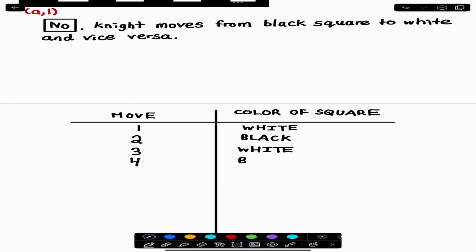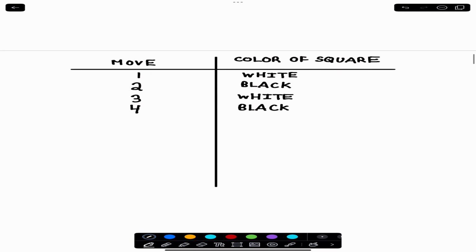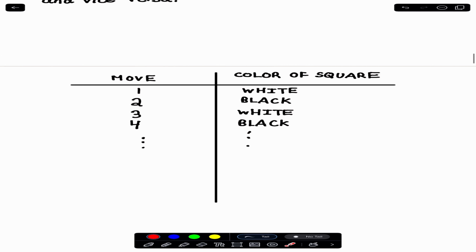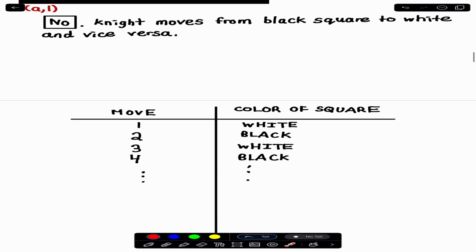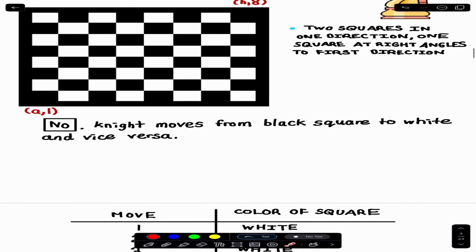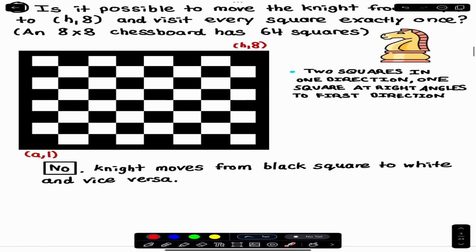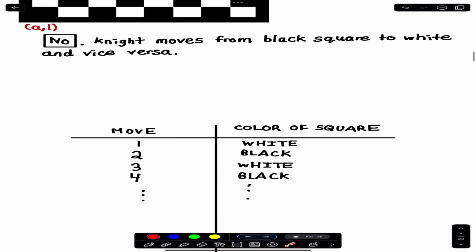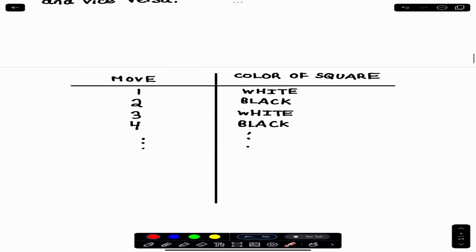Move 4 will be a black square, and I think you sort of see this pattern that repeats, right? So we can keep going, dot, dot, dot, all the way to the end. But what is the end? What is the final move? Well, we're told that there's 64 squares, but does that mean that the final move is going to be move number 64?